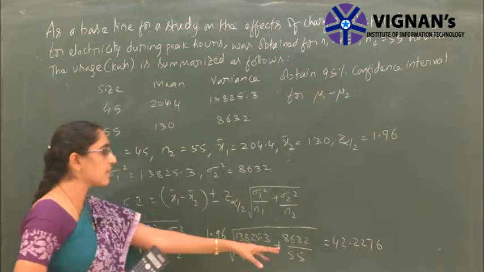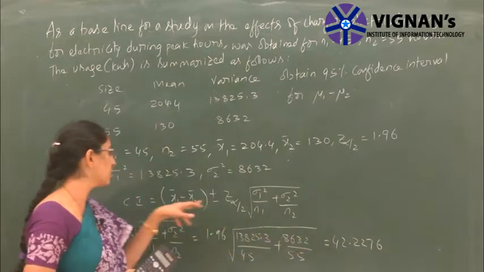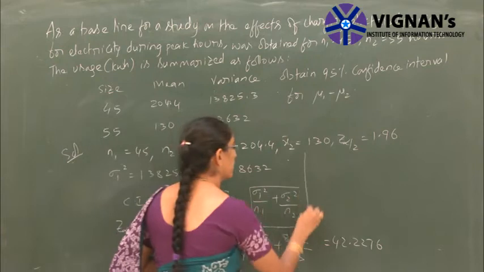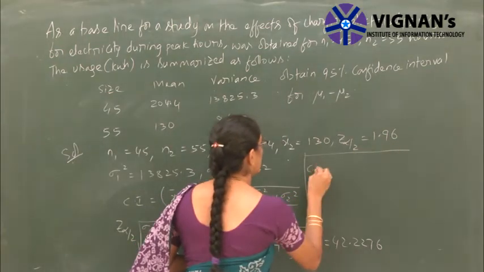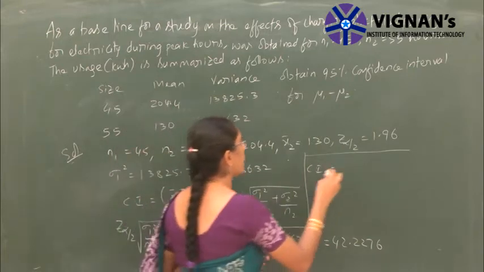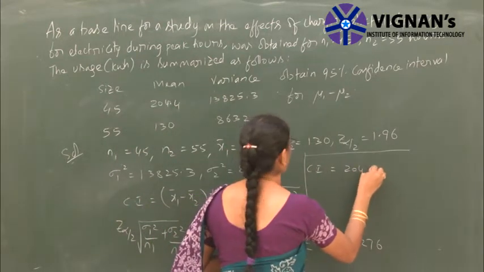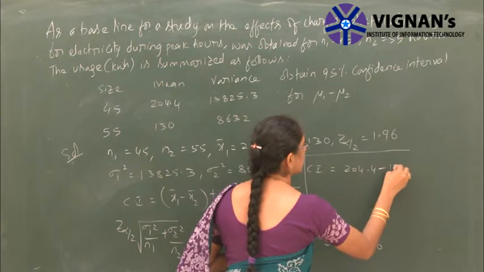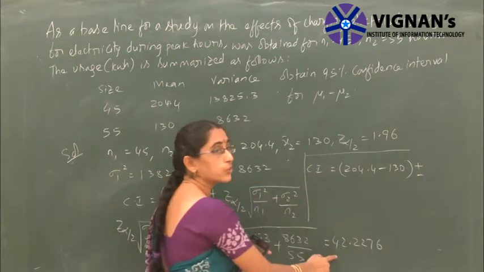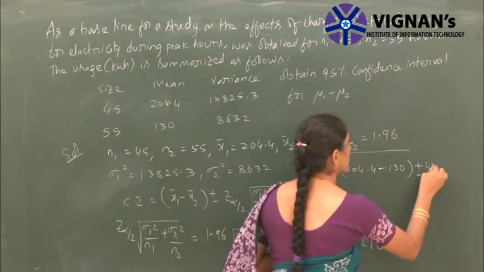Now this value we have to subtract from and add to the difference of two sample means. That means CI equals x1 bar minus x2 bar, that is 204.4 minus 130, plus or minus 42.2276.